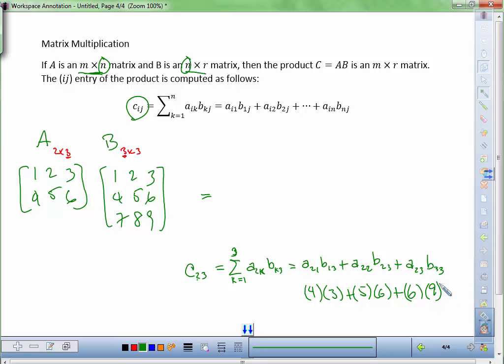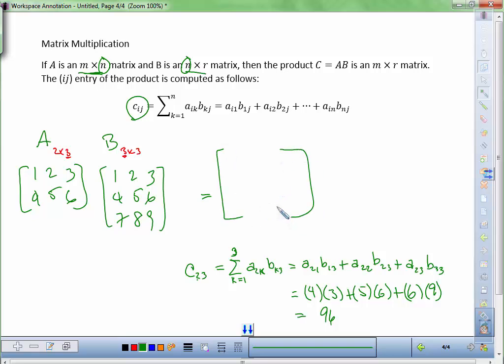How many people have done matrix multiplication before? Okay. You probably don't do it like this, right? I wouldn't do it like this. What is this, by the way? 12, 30, 54. I lost count after 12. What is it? 96?